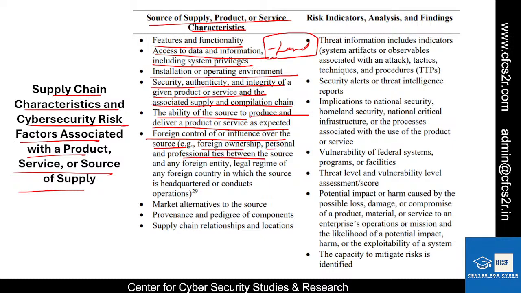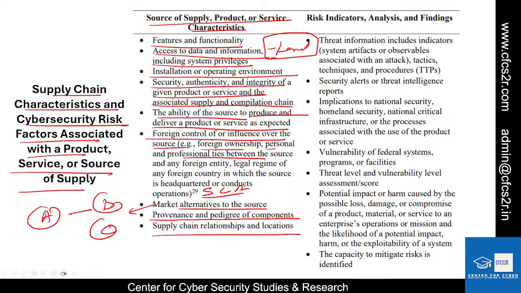So it should be as per your SLAs. Then market alternatives to the sources. So you must find out the market alternatives to the sources. That if some product A is available, what alternatives B or C are there. Provenance and pedigree of components, supply chain relationships and location. So these are the certain issues that might occur.